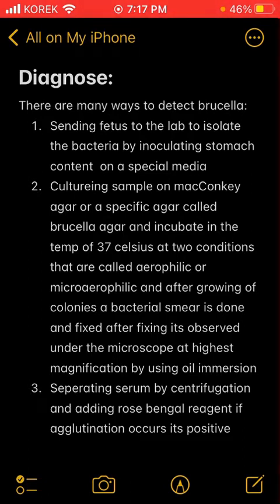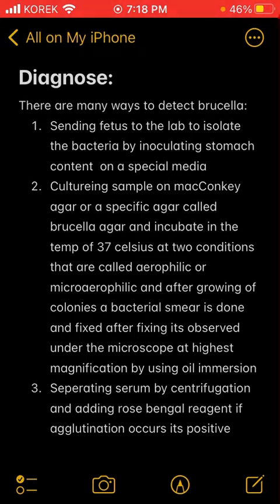Or a specific agar, called Brucella agar. So we have two main agars, MacConkey and Brucella. Why do we use MacConkey? Because MacConkey agar is used just for gram-negative bacteria. For example, Pasteurella and Brucella are gram-negative bacteria.